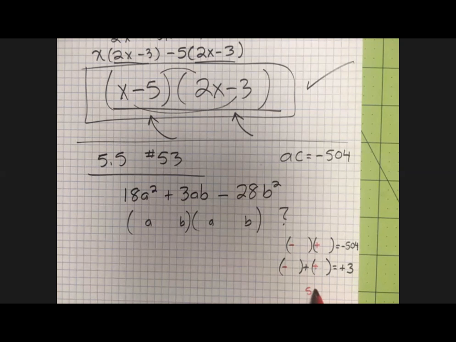So at first this sounds impossible, but let's think about 504. 1 times 504, 2 times 252. Forget about it. That's never going to make a 3, right? Let's keep going. Does 3 go into 504?